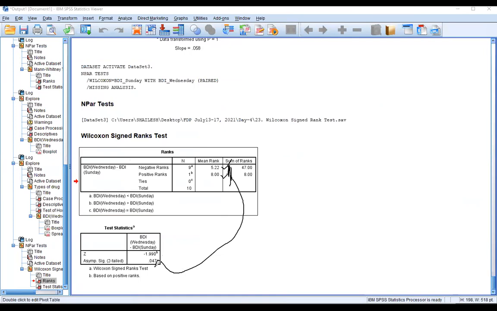This asymptotic p value is saying there is a significant difference. The purpose of the Wilcoxon test is that our data is not normally distributed, so it's a non-parametric test. That is why we use Wilcoxon signed rank test.